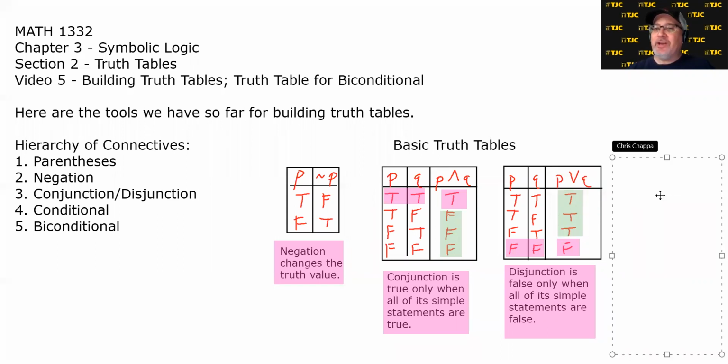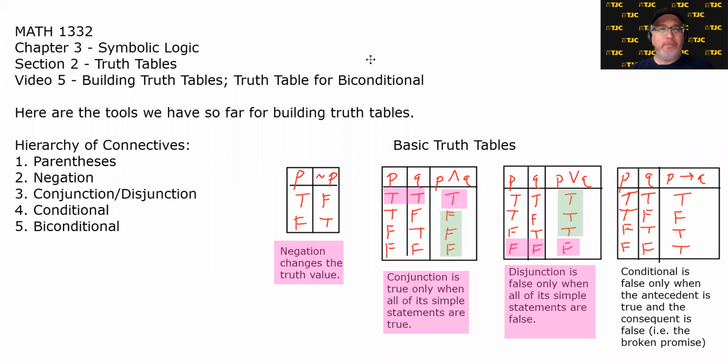And then the final truth table that we came up with was for the conditional. This one was not as intuitive, but if you think of it from the broken promise perspective, it's pretty straightforward. A conditional is false only when the antecedent is true and the consequent is false. This is what I alluded to as the broken promise.